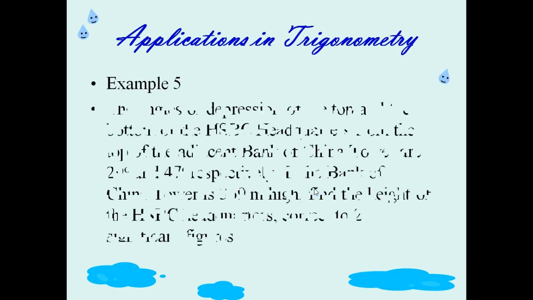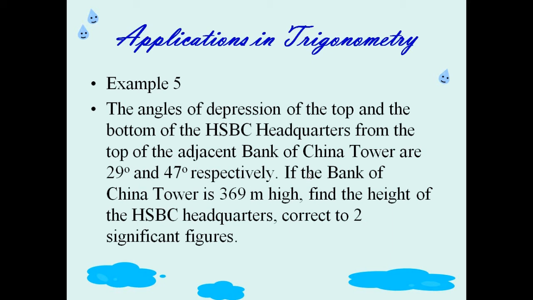So the next one is about two buildings problems. Here the angles of depression of the top and the bottom of the HSBC, that famous bank in Hong Kong, from the top of the adjacent Bank of China are 29 degrees and 47 degrees.